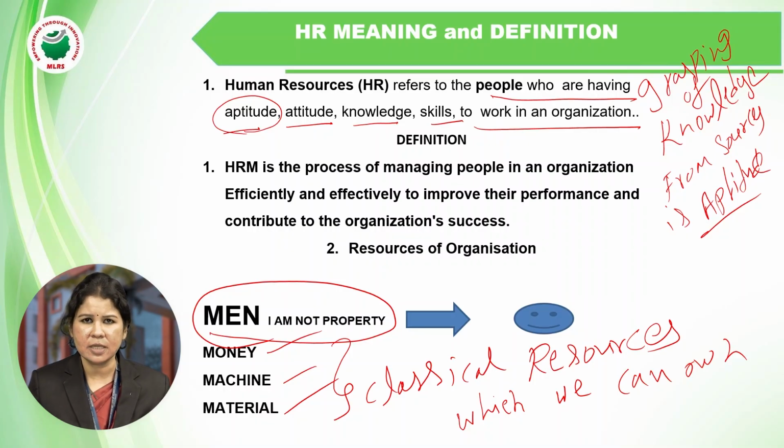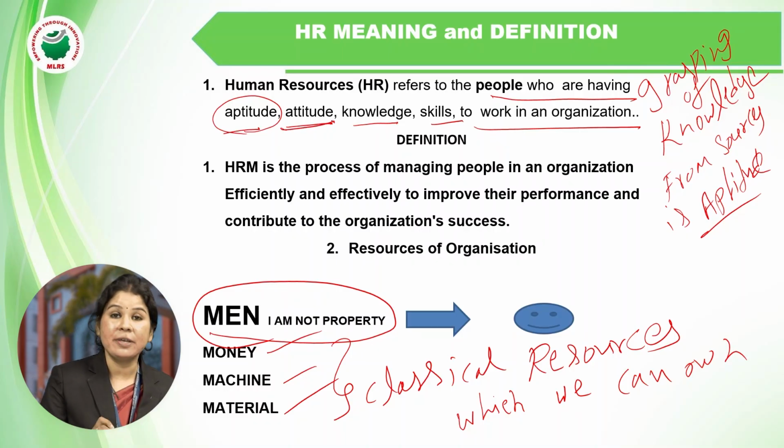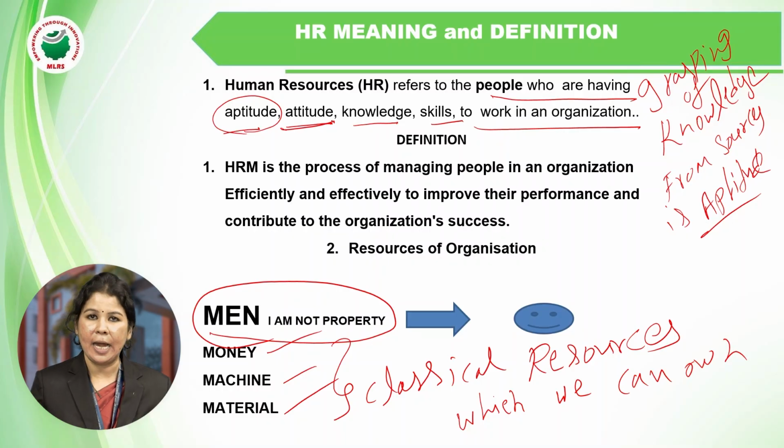Human resource is not just an eligible employee. Human resource are persons who have aptitude and who have attitude. What do you mean by attitude? Aptitude means grasping knowledge, how speedily and how clearly you grasp things. That all says about aptitude.